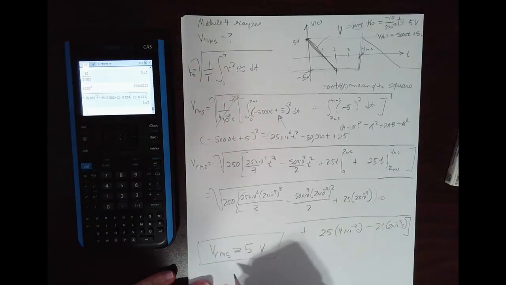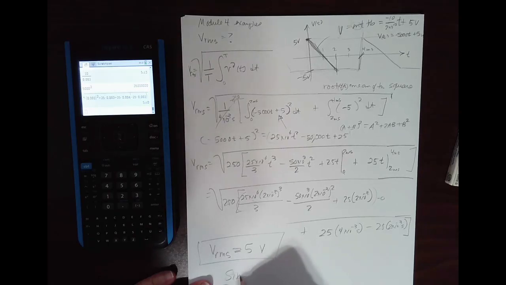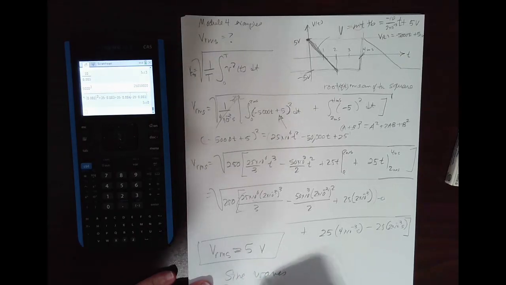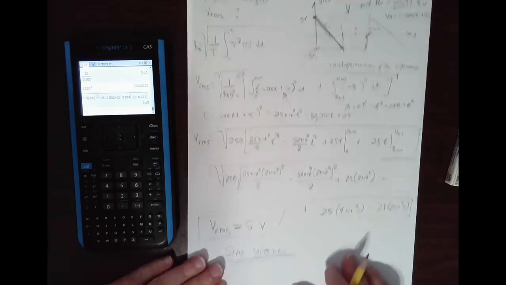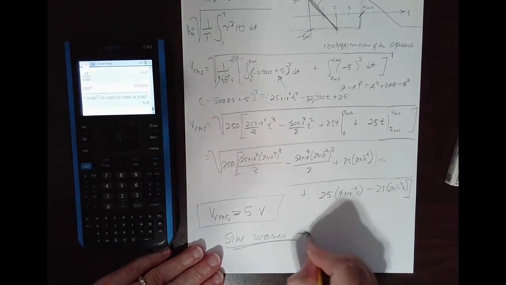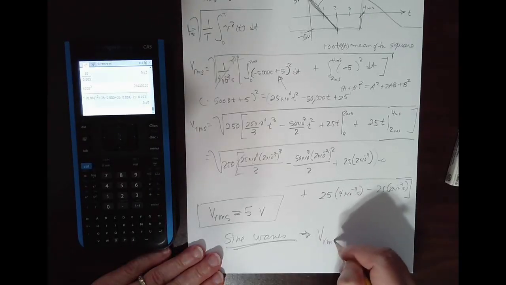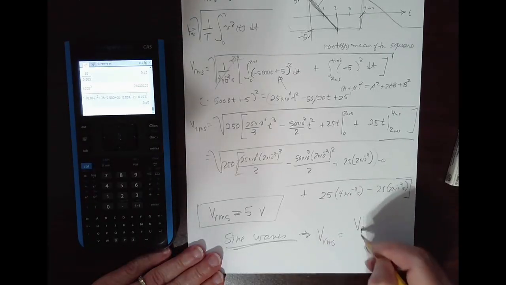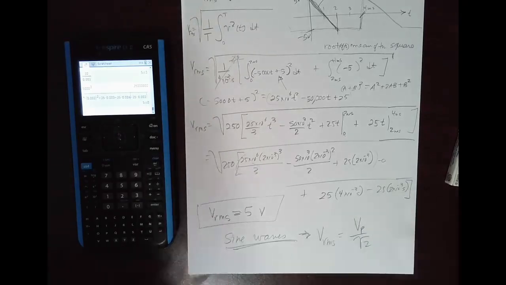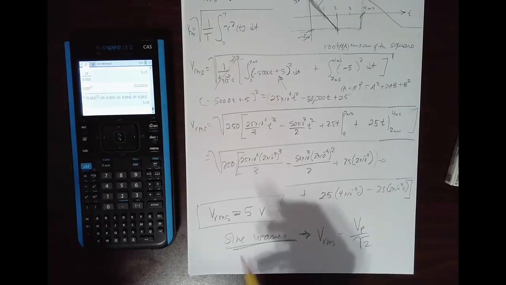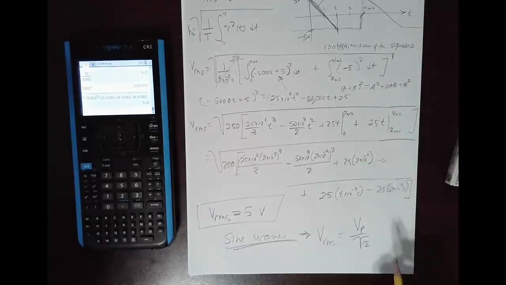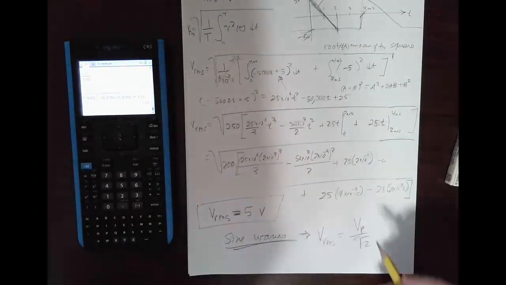Luckily, when we're doing RMS for AC, for sine waves, which is what we do a lot with AC circuits, since other people have done the integrals many times, we can just say VRMS is just V peak over square root of 2. And so whatever we have, 120 volts at our outlet. It's actually 169.